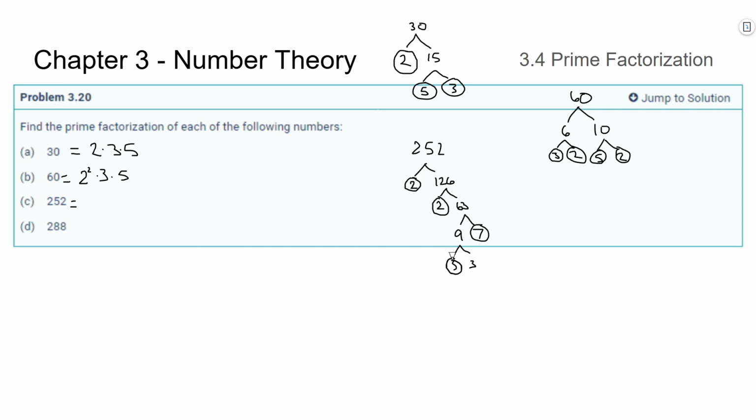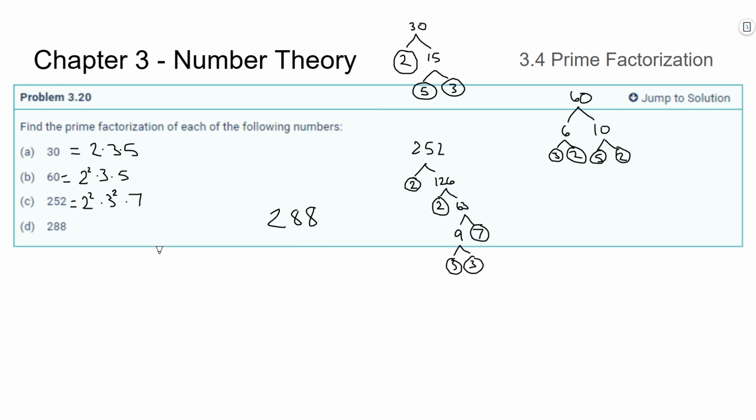So it looks like we have all primes there. All right, so we have 2 2's, so 2 squared times 3 squared times 7.